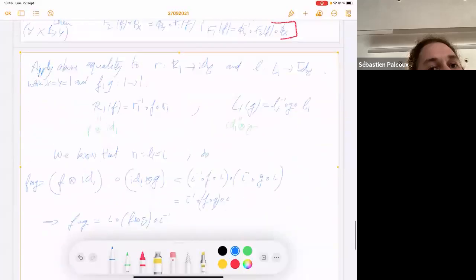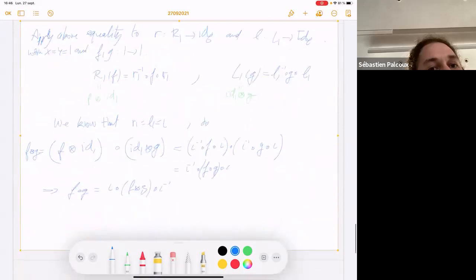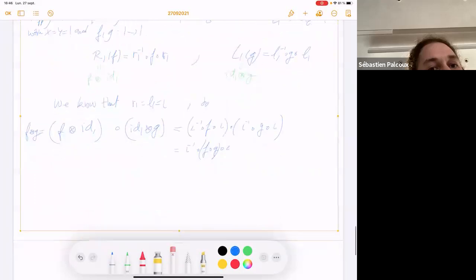Okay, so one part of what we wanted to prove is just this equal this. Now, why is it commutative?